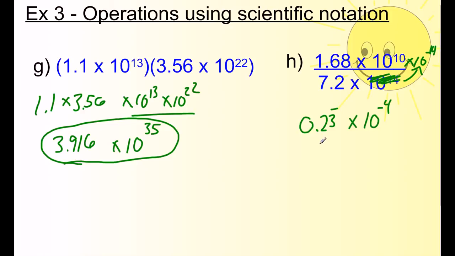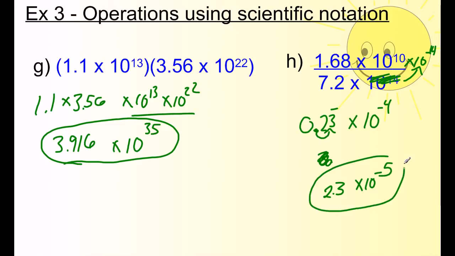Alright, since this number is less than 1, it's a small number, my exponent is going to have to get smaller by 1 place so I can turn this into scientific notation. So, 2.3 times by 10 to the negative fifth. And checking this number out, it is now in scientific notation, and we are done.